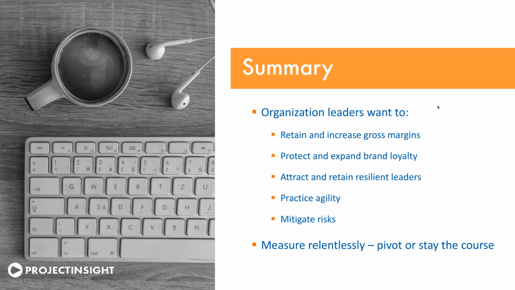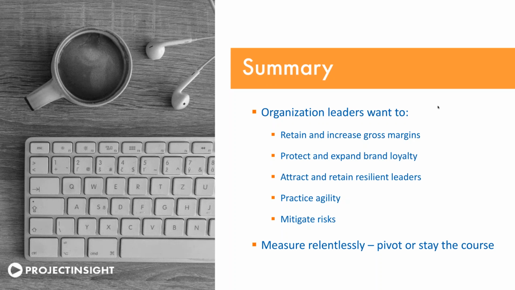So look, what organization leaders really want is to retain and increase gross margins, protect and expand their brand and loyalty with that. They want to attract and retain resilient leaders, practice agility, and mitigate risk.